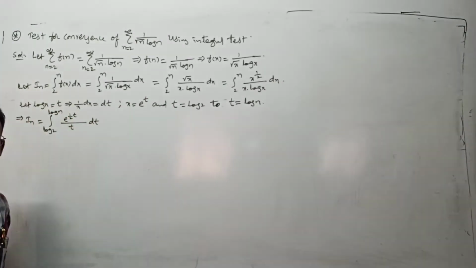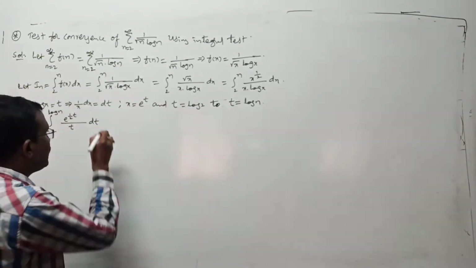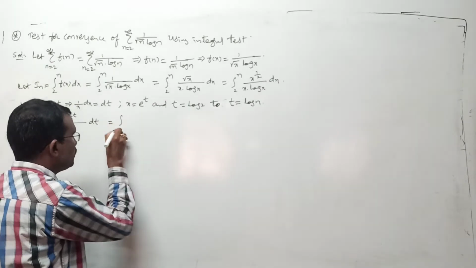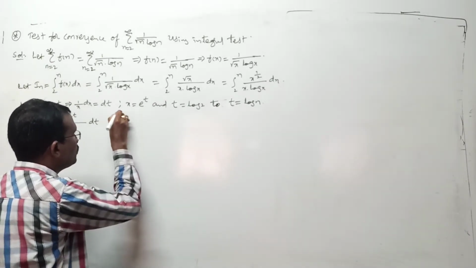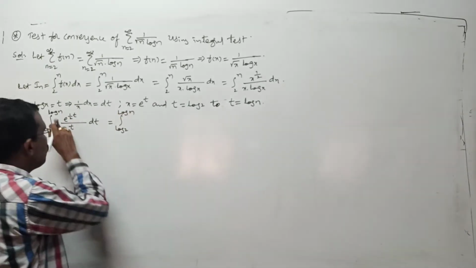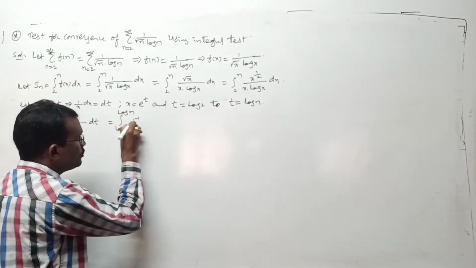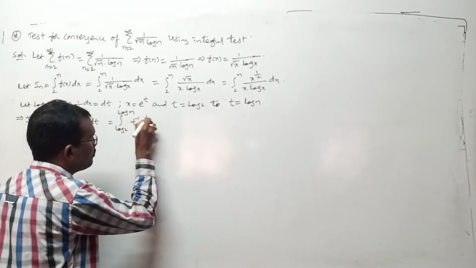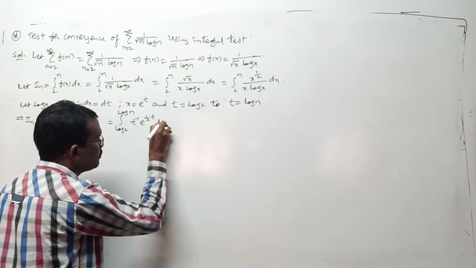I just used the above conditions in the above relation. You can write this as the integral from log 2 to log n of t inverse into e power 1 by 2 t dt.